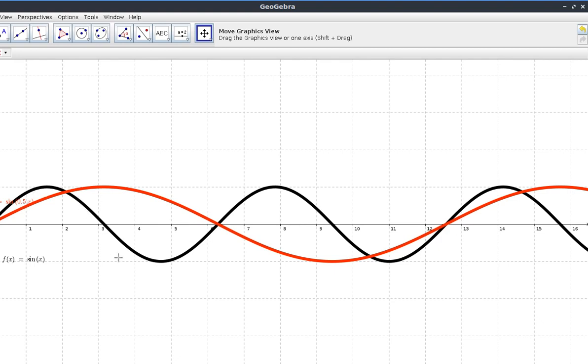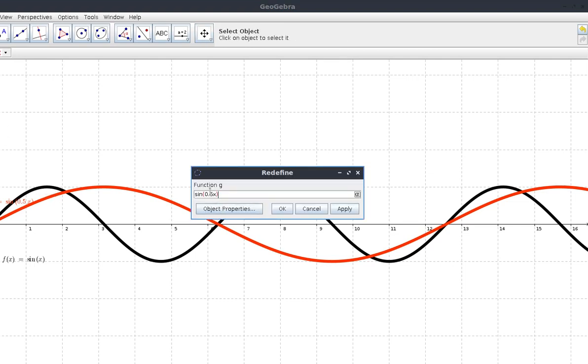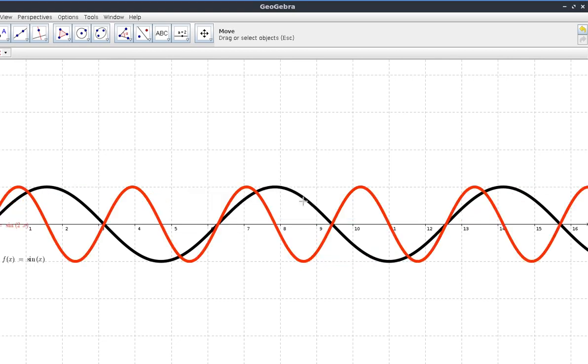The black sine wave's wavelength was 2 pi, but when we put 0.5x for the modified red wave, the wavelength went out to 12 point something, twice the wavelength, so half the frequency. So 0.5x gives us half the frequency. 2x gives us twice the frequency.